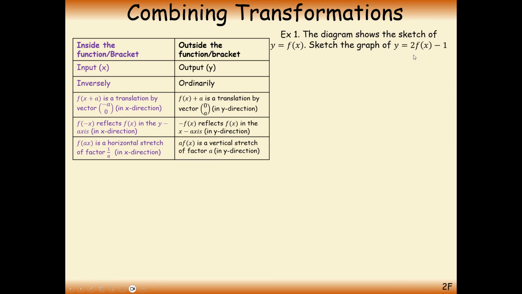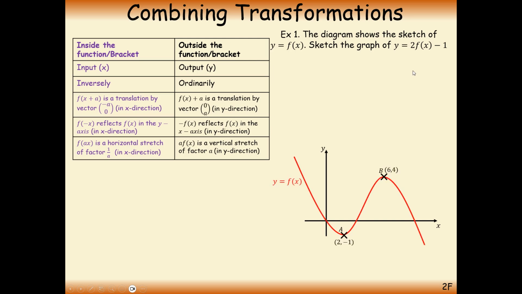So we've been given a graph of this red curve here. This is the original function y, and we've been asked to sketch the graph of 2 times f of x minus 1. Now you see both of these changes are outside of the function, so we will see changes in y directions only.